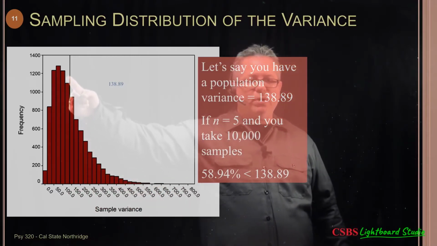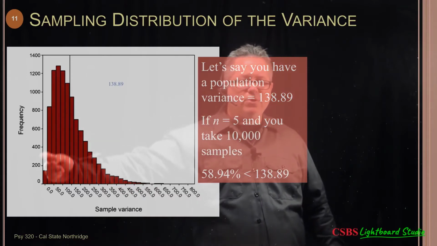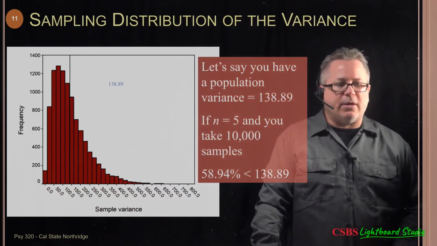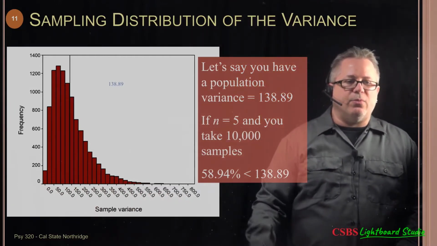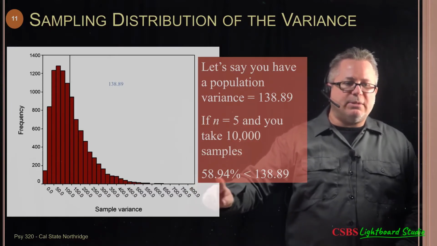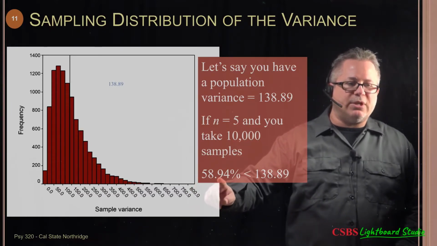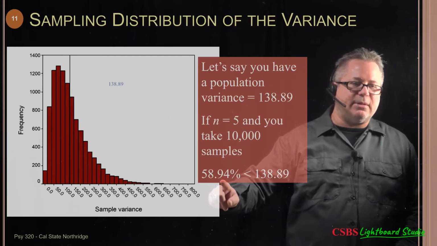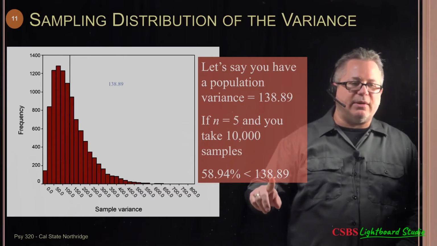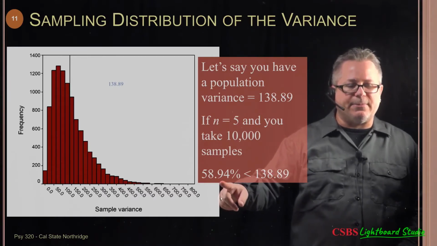But the majority, the largest proportion of scores, are going to be lower than our 138.89 that is in the population. So with sample size 5, almost 60%, 58.94% of the variances in the sample are smaller than 138.89. So we're underestimating our population variance nearly 60% of the time.